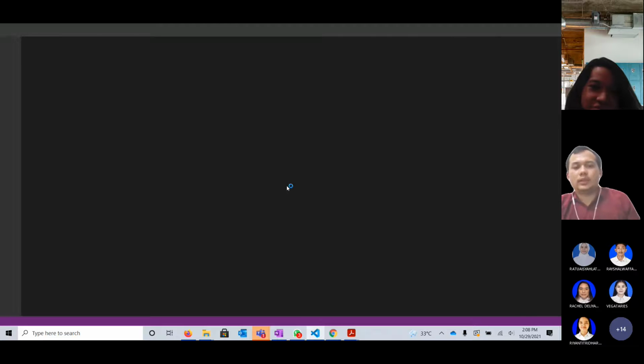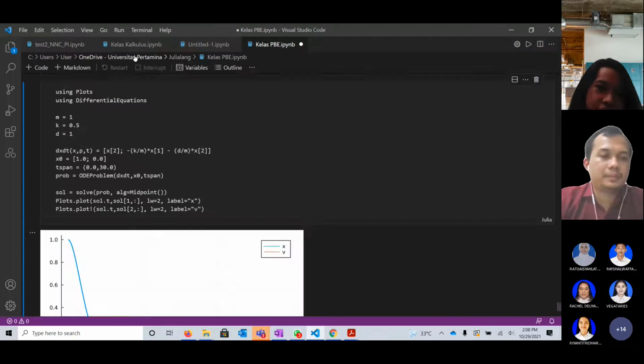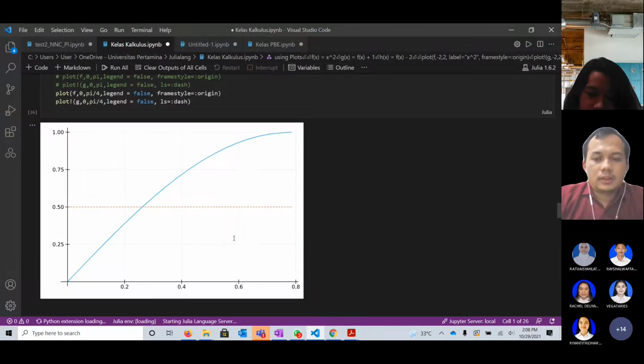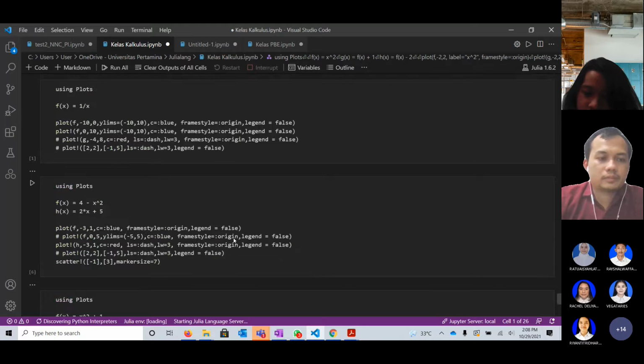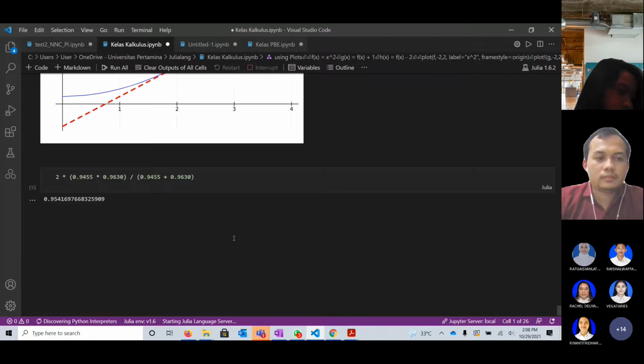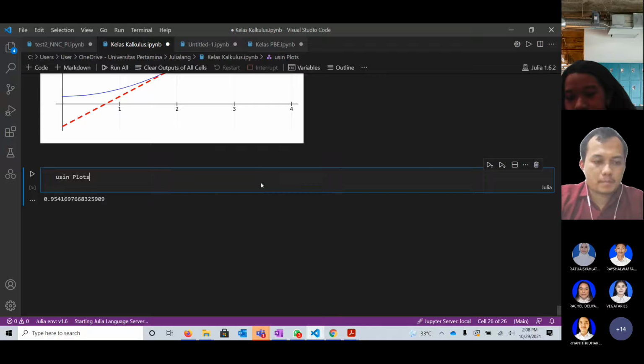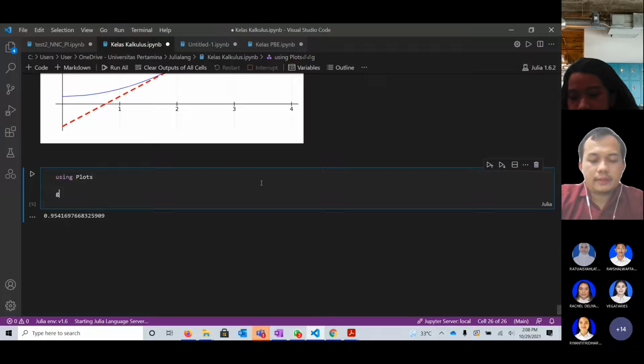Let me show you the example using plots. And f of x is x power 3.